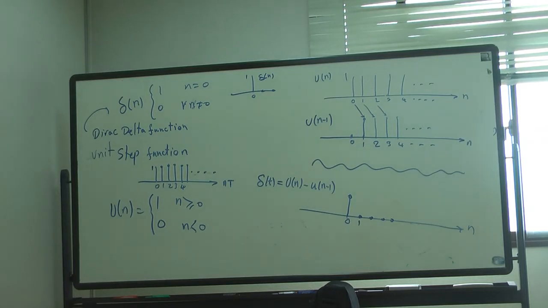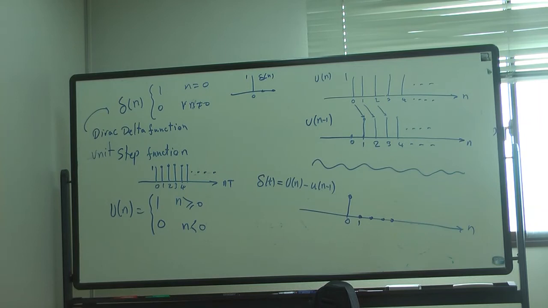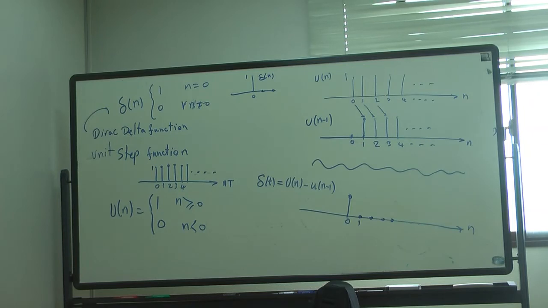Then we define for you a finite impulse response and an infinite impulse response. A finite impulse response system is a system where h is finite. Infinite impulse response extends to infinity. It may converge to 0, but still it is there.